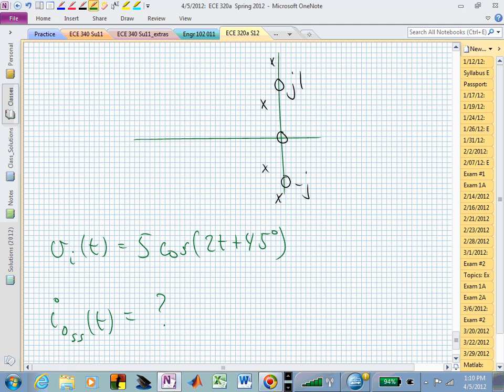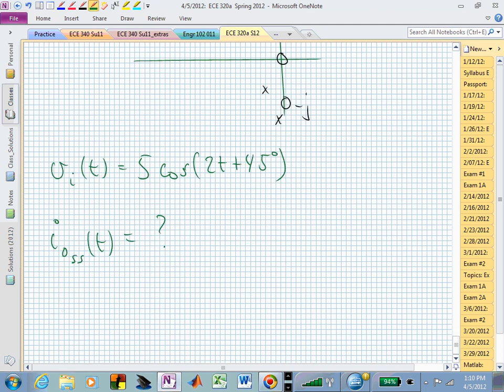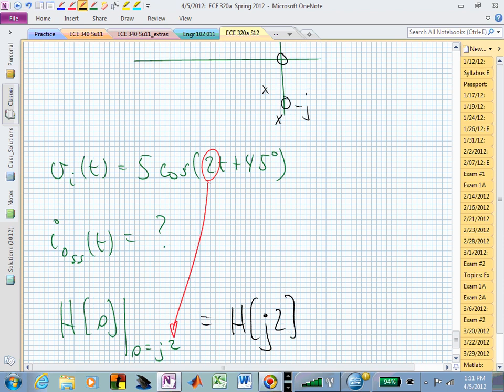We need to find our transfer function when we replace s with j2, where that 2 is the frequency that we're exciting our waveform at. That's where that 2 comes from, meaning we now need to find h of j2.